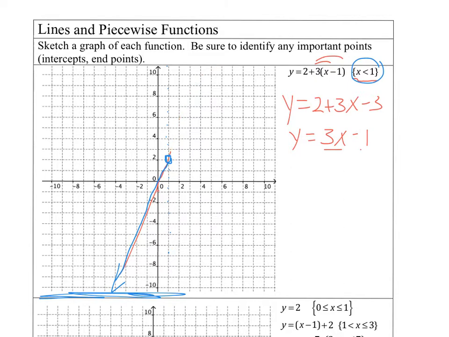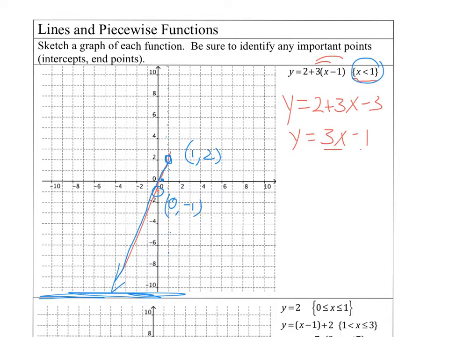On your paper, if you want to cross it out or otherwise identify what's going on there, that would be totally fine. I also ask you to identify any intercepts. Well, you can't really see that well, but that intercept would be (0, -1). The end point would be (1, 2). And the x-intercept is somewhere in there.